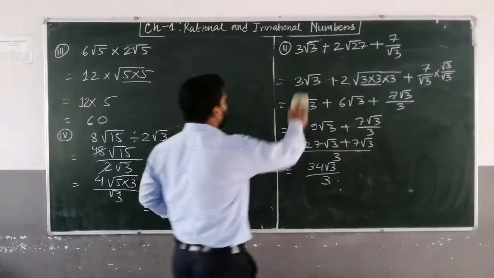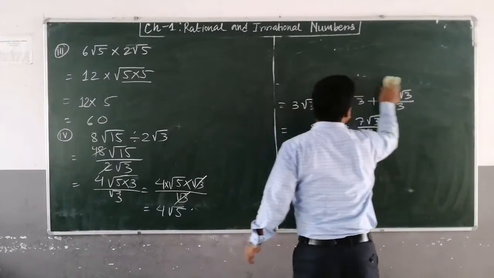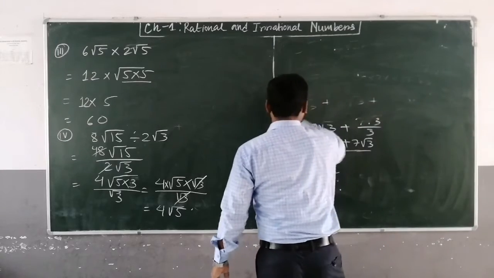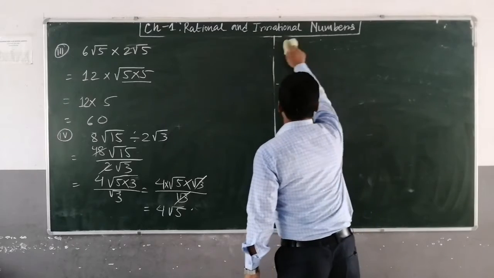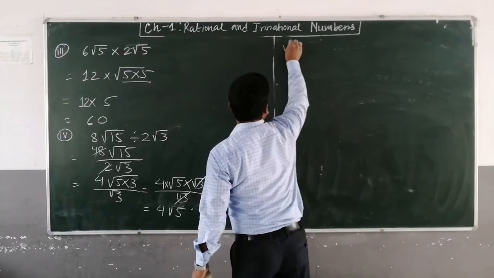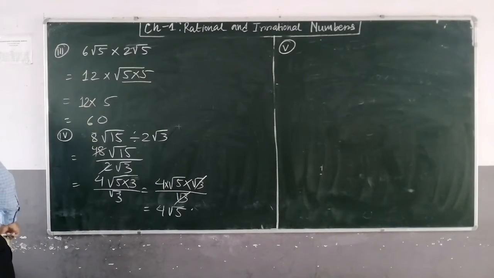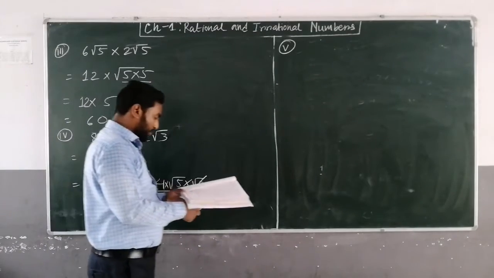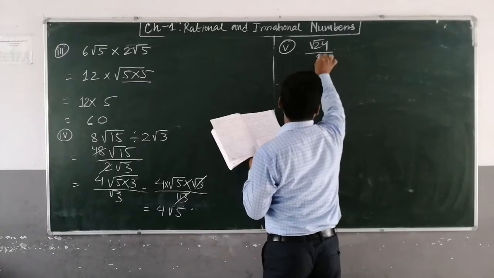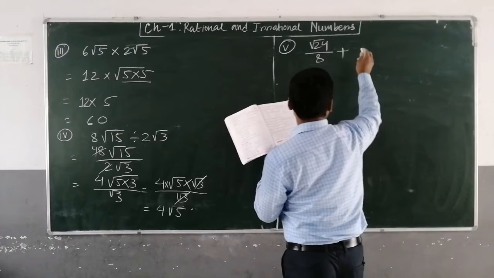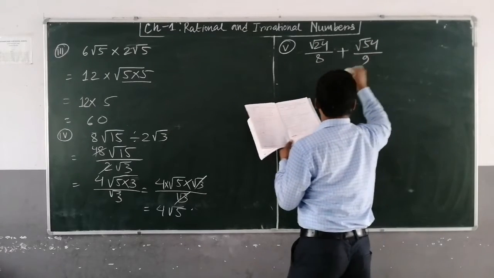Now come to the next part. Okay, fifth part. It is given that under root 24 upon 8 plus under root 54 upon 9.